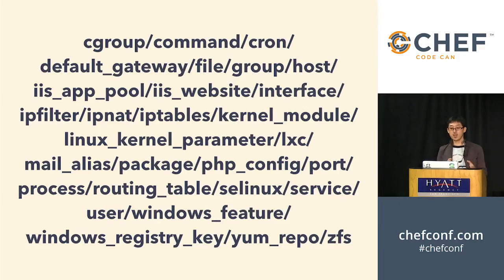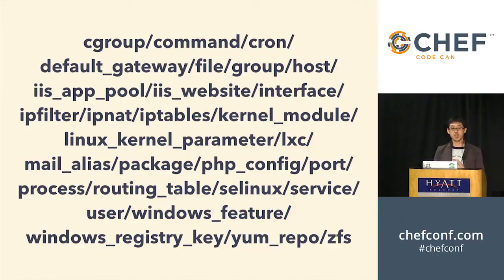In the sample code I mentioned before, there are package and service types, and Serverspec supports a variety of types. I call these resource types. For example, the cgroup type for checking cgroup parameters and values, and the command type for checking command execution results, and so on.